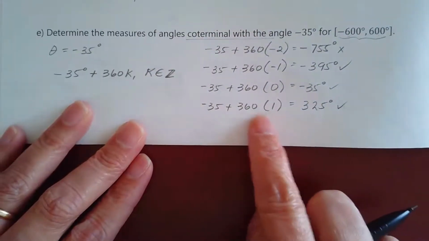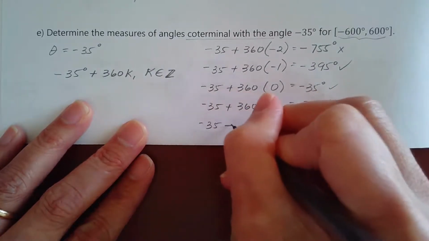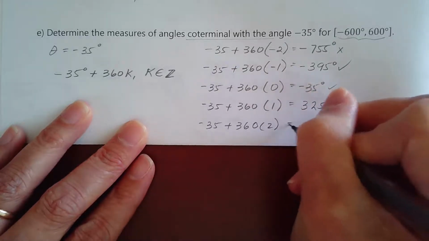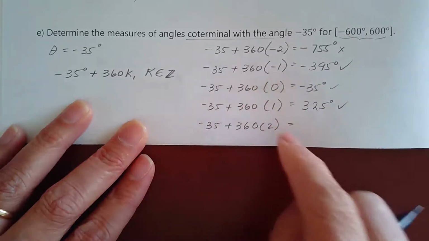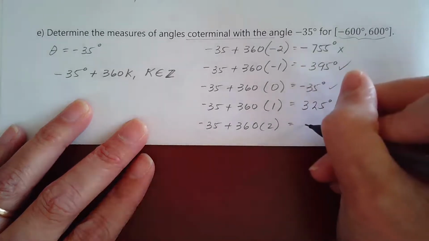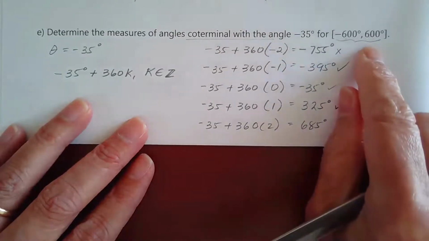Now, if I continue on, if I go 2 full rotations, that's going to be negative 35 plus 360 times 2. It's going to give us 685, which is over the 600.